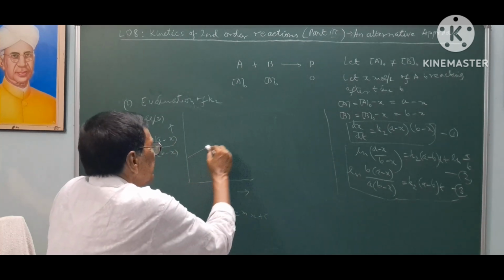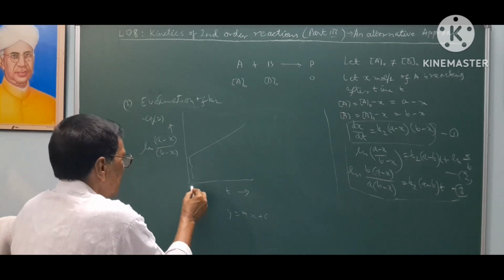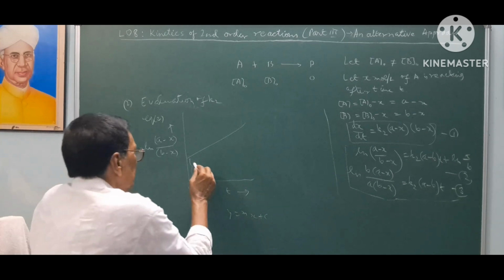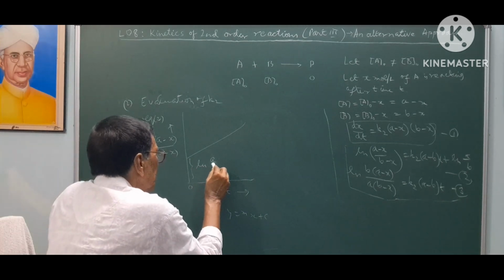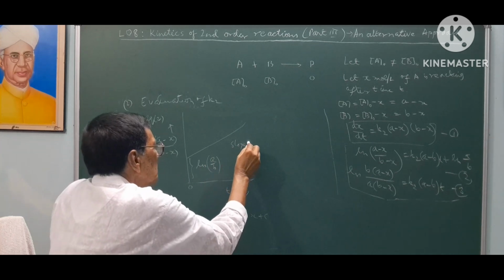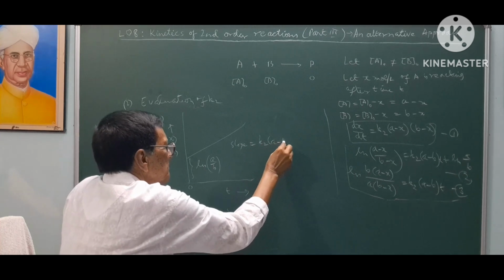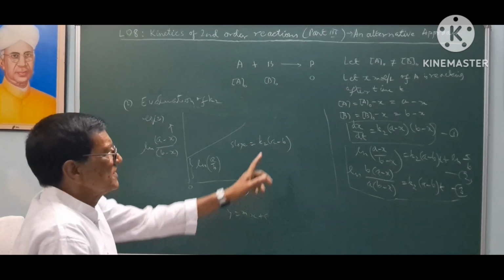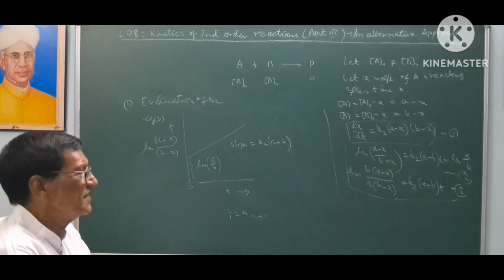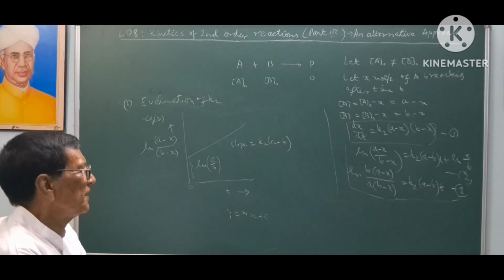So it will be like this. The intercept, where time t equals 0, is equal to ln a by b, and the slope will be equal to k2 into (a minus b). Since initial concentrations of a and b are known to us while we are doing this reaction mixture, k2 could be determined from this plot by graphical method.